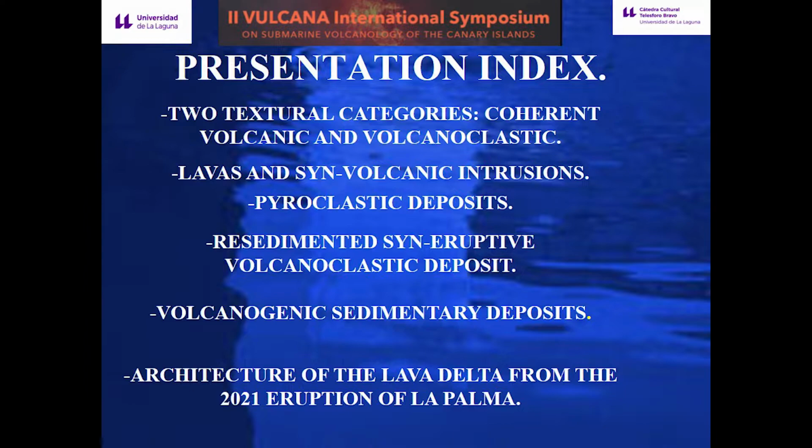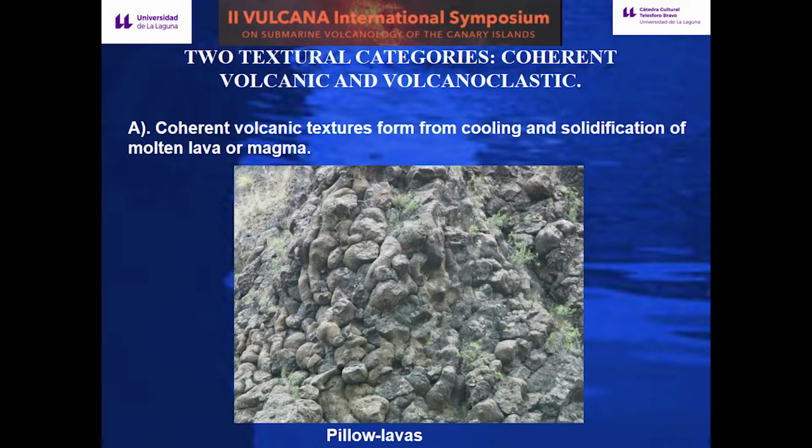After we speak about lava and thin volcanic intrusion, the pyroclastic deposit, the resedimented syneruptive volcanoclastic deposit, volcanogenic sedimentary deposit, and finally, we try to explain the architecture of the lava delta from the last eruption in La Palma. Well, coherent volcanic texture formed by cooling and solidification of molten lava or magma.